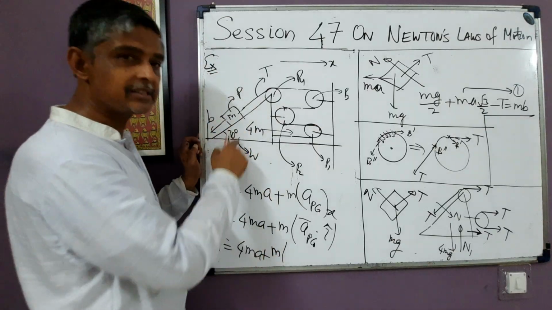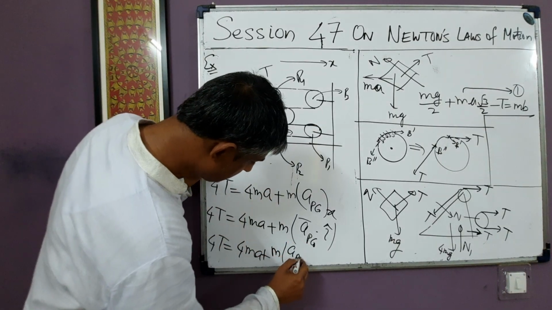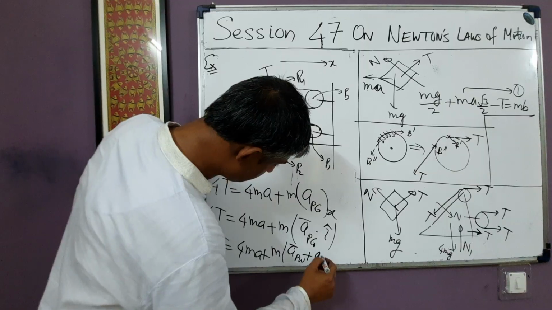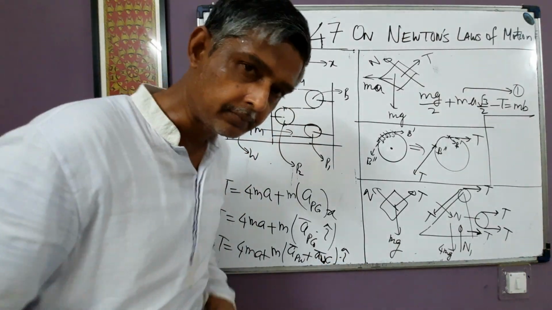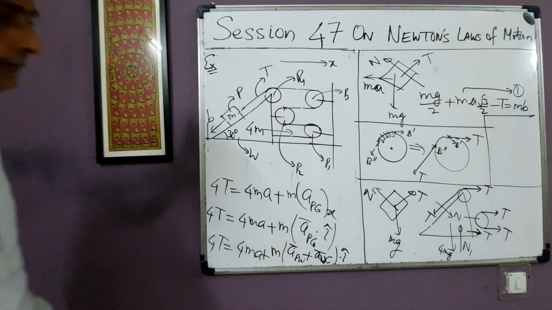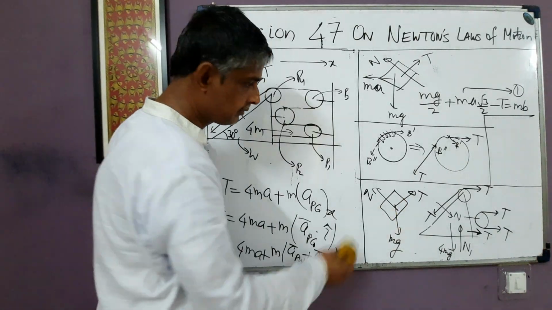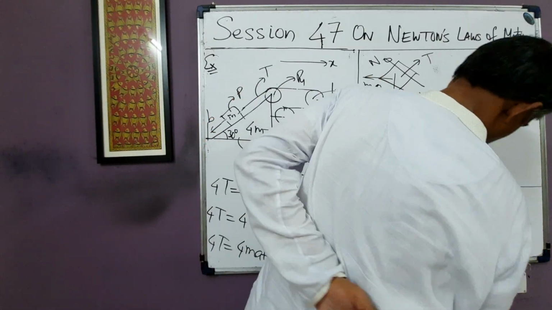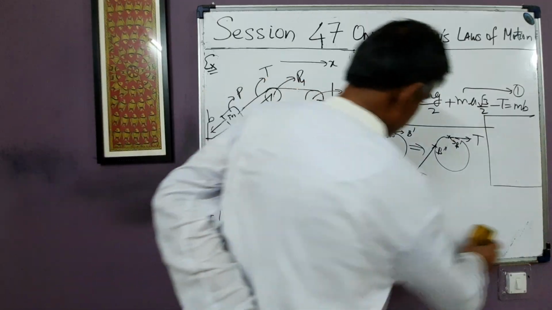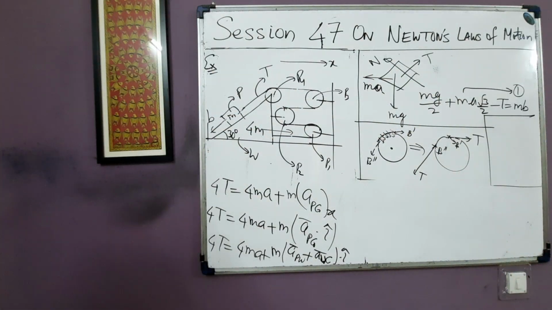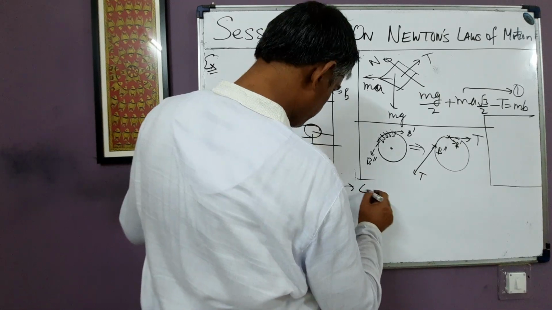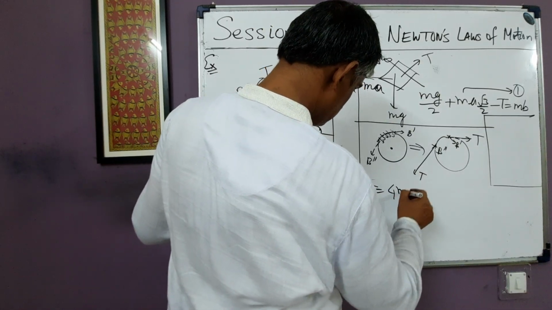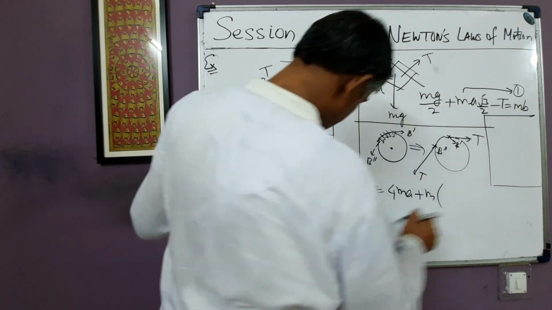Now from the theory of translating frames, APG will be written as APW plus AWG, dot i hat. I get 4T is equal to 4ma plus m times.